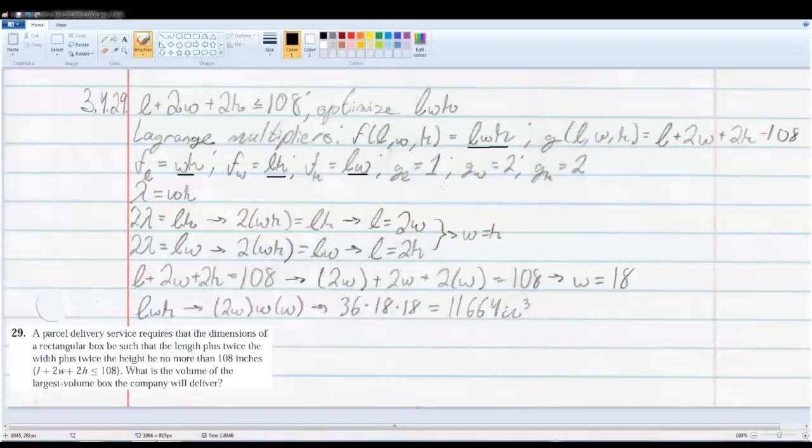And so setting them all equal to each other, but multiplying these terms by lambda, there is lambda equals width times height, 2 lambda equals length times height, and 2 lambda equals length times width.